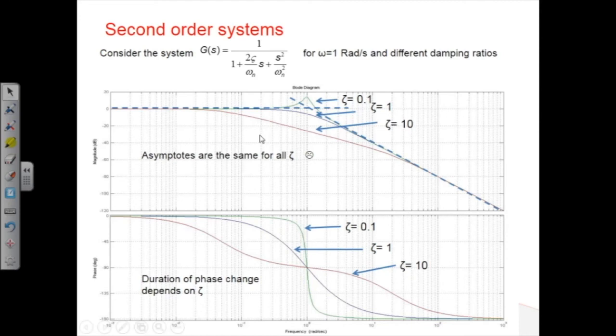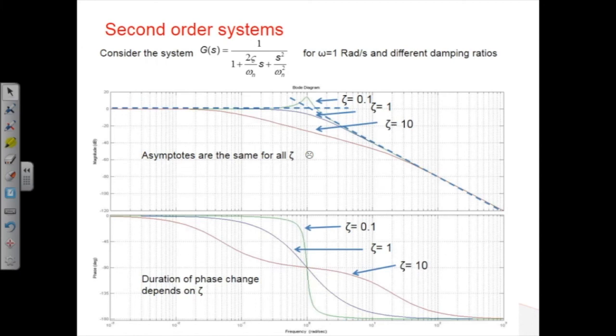Here's the quiz. When does a second order system with lots of damping split into 2 first order systems? Because mathematically they're the same. If you take that quadratic and there's lots of damping in it, you can factorize it into 2 real roots.